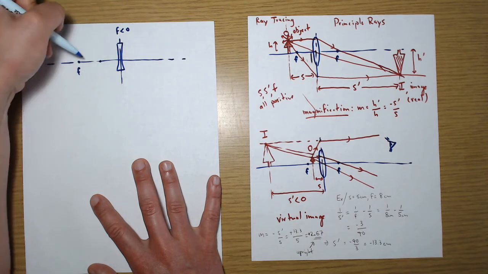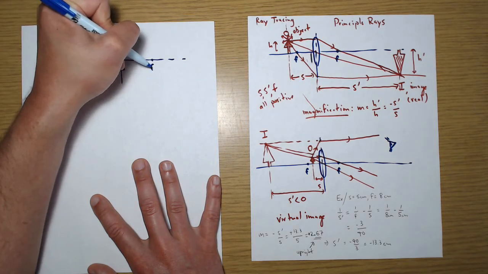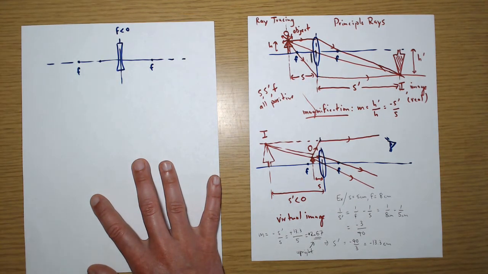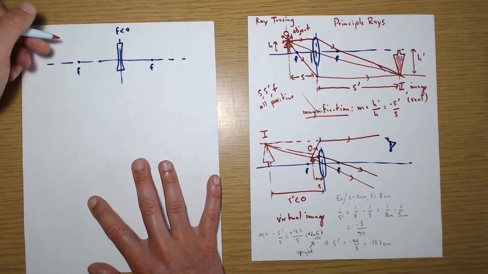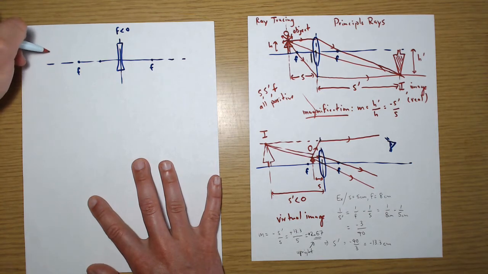F, F. And let's say I have an object on this diverging lens out here. So here's my object.